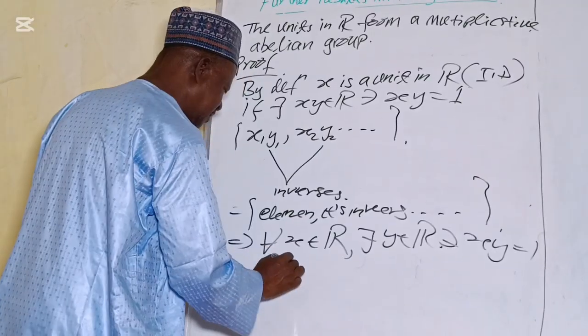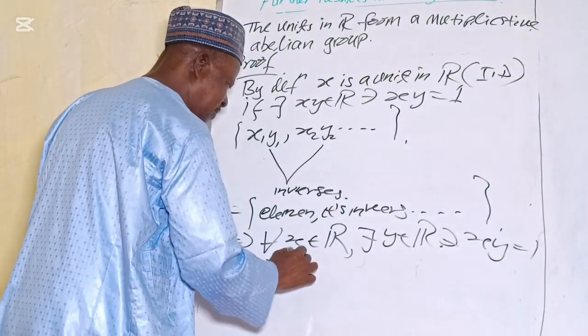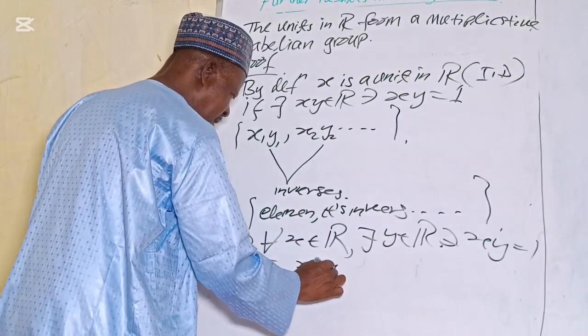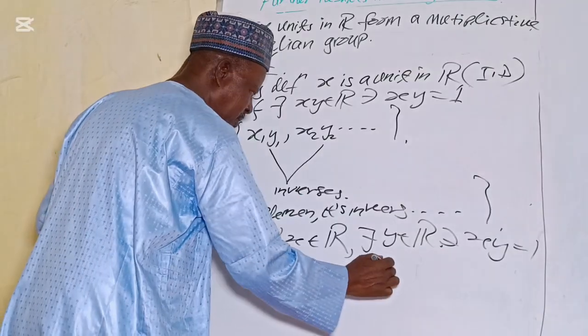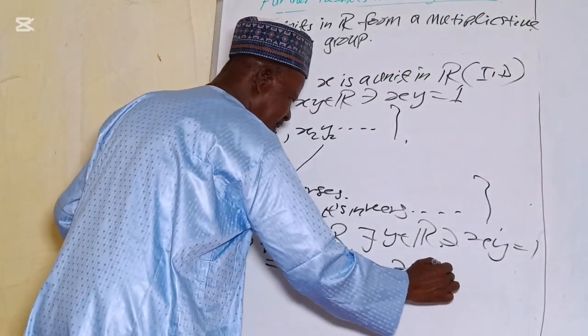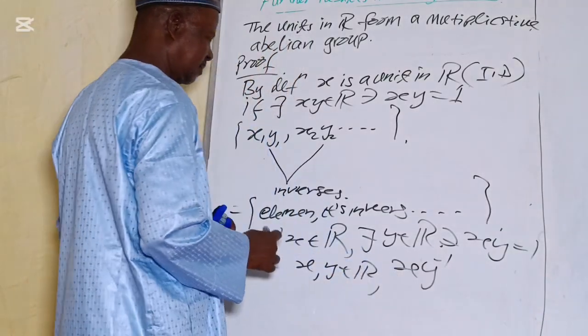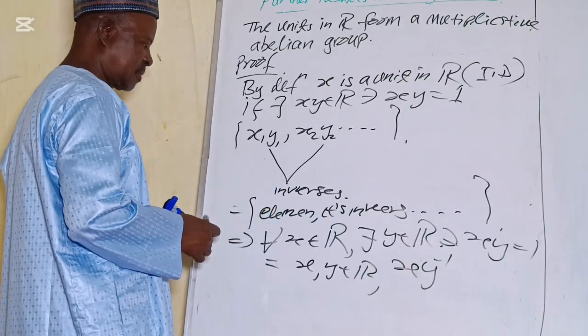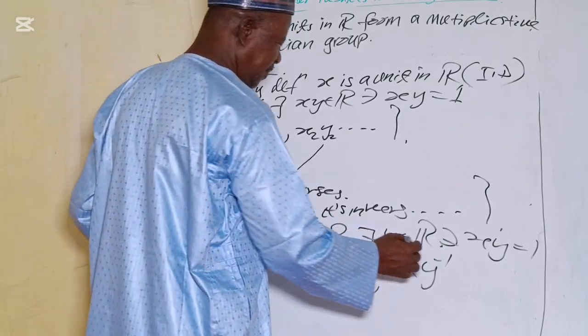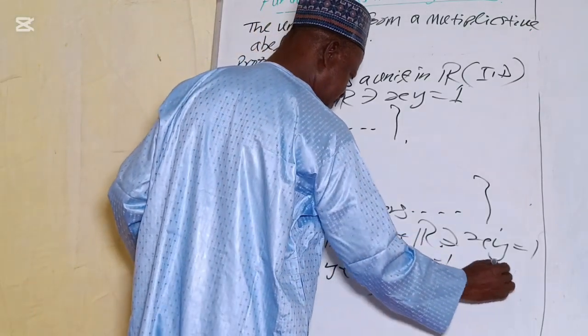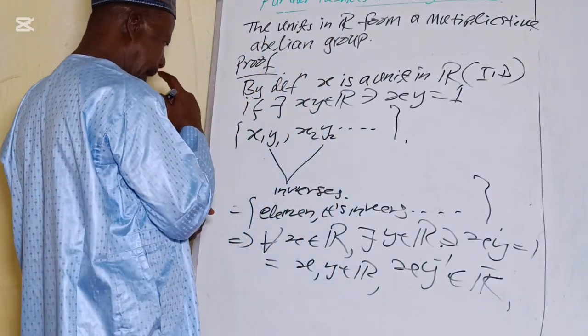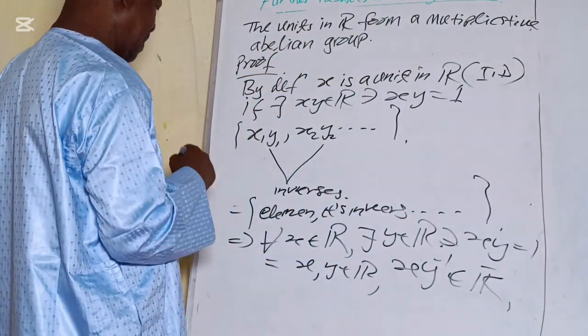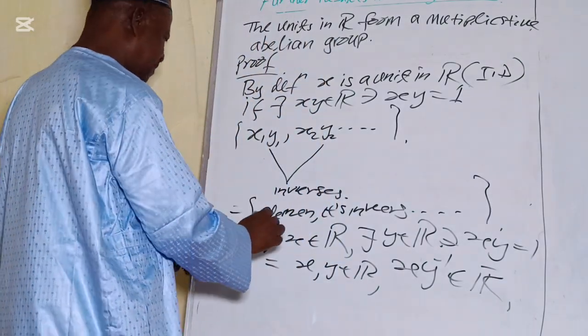So this implies that if you have two elements x, y in R, you can always say xy inverse, or xx inverse, whatever happens, it's also going to be in R. If that is the case, this defines a subgroup.